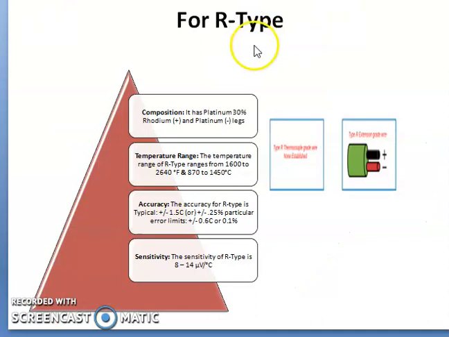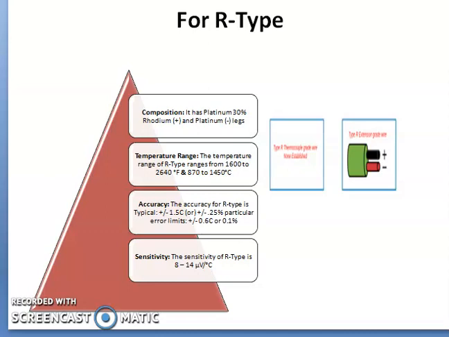Now the features of R-type consist of platinum 30% rhodium and platinum legs. The temperature range is 1100 degrees to 2640 degrees Fahrenheit, and the accuracy is plus or minus 1.5 degrees Celsius, and the error limit is plus or minus 0.6 degrees Celsius. Sensitivity of R-type is 8 to 14 microvolts per degree Celsius.